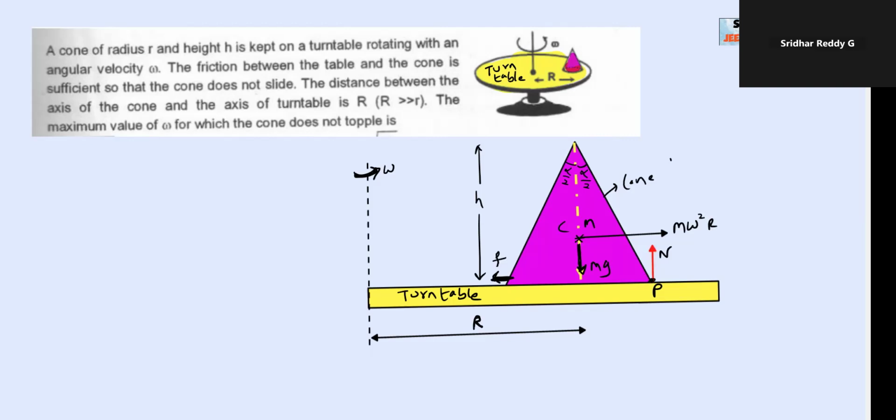Once again, about the center of mass, the torque due to centrifugal force is zero because it intersects the axis of rotation. The torque due to weight will be zero, as it intersects the axis of rotation. The torque due to friction will be clockwise. Then who will balance the torque due to friction? The torque due to normal contact. It should be like this.